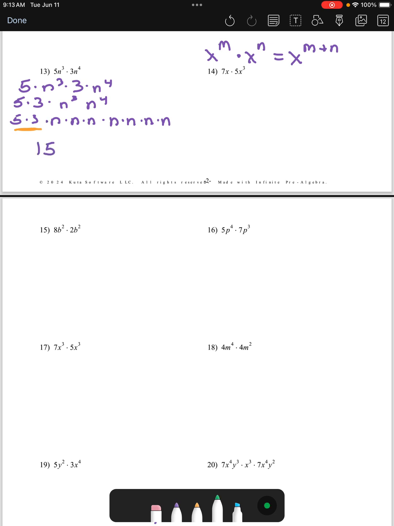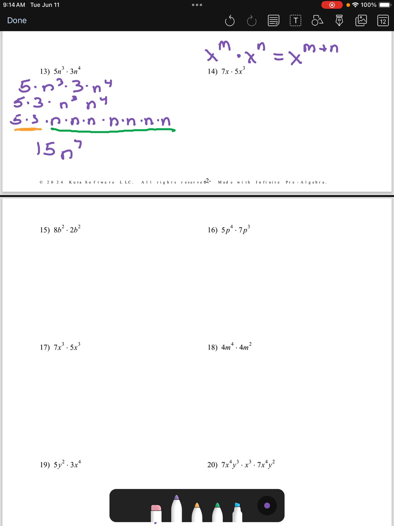This we can now clean up massively. 5 times 3 is just 15. And 1, 2, 3, 4, 5, 6, 7 n's being multiplied together is n to the seventh. So now that we have the answer, let's look back at that problem. 5n to the third times 3n to the fourth.